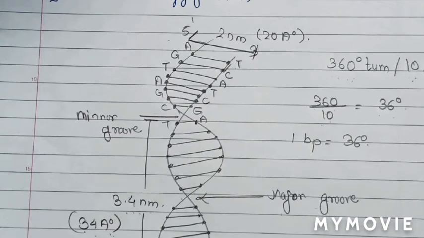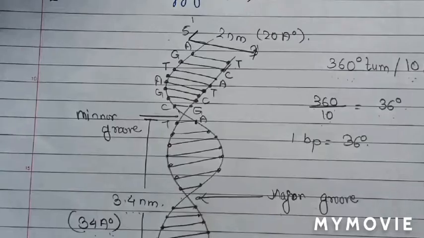Now we are going to see A-DNA and Z-DNA. To understand A-DNA and Z-DNA in comparison with B-DNA, we will draw a chart.